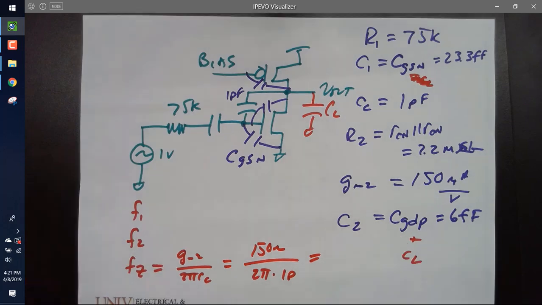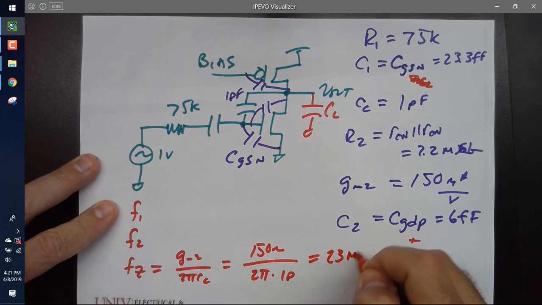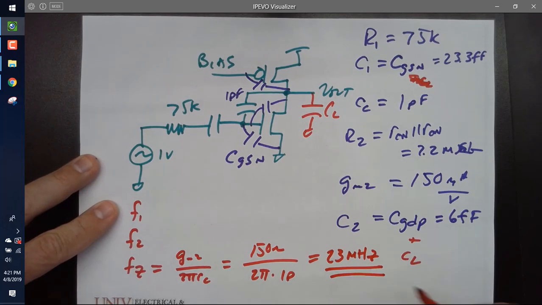Like 10, 11 megahertz, I'm guessing. Oh, you just did it. You don't need your calculator. FC, 150 over 2 pi, 23 megahertz. Yes, 23 megahertz. Yay or nay?